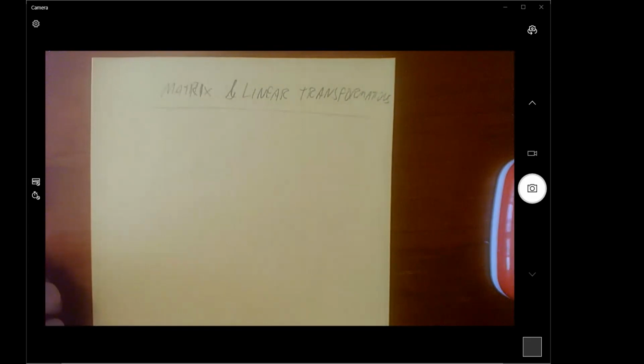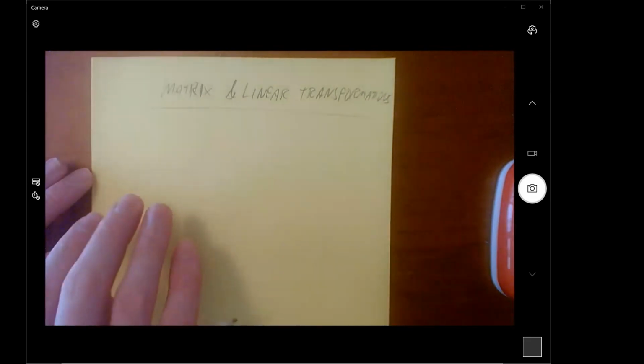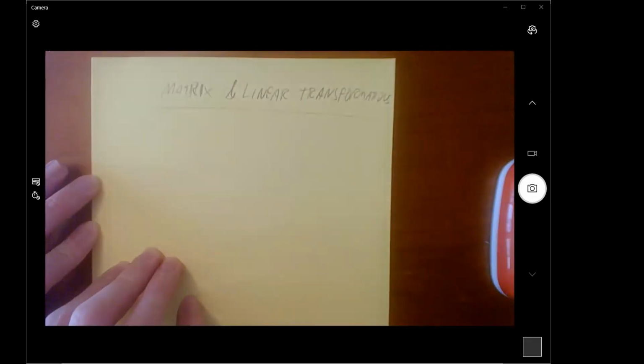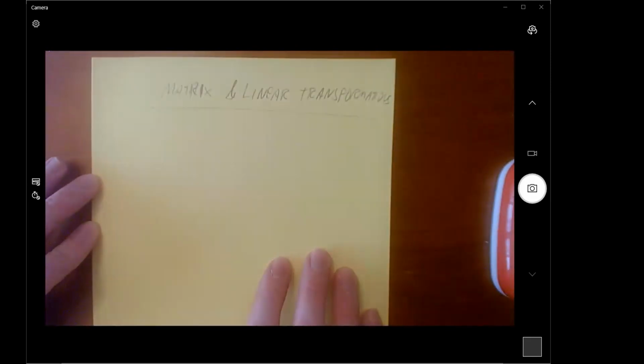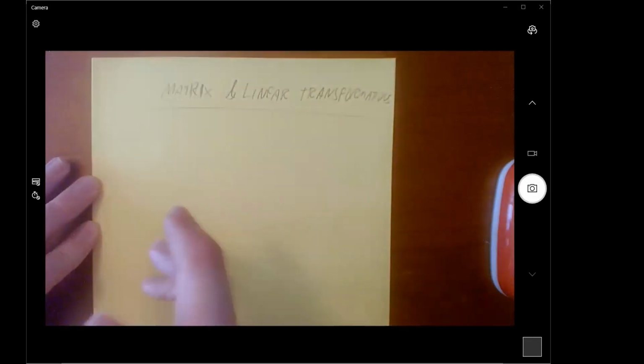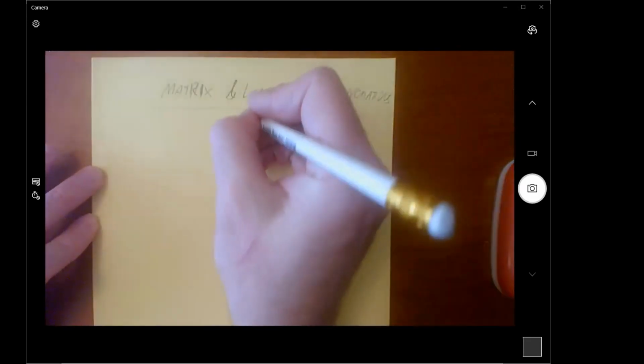And linear transformations are a whole separate thing. It just turns out that they go with matrices, and so the terminology for matrices was invented separately to the terminology for linear transformations. And so it's useful to just look at them within their own land and then see how they're related.